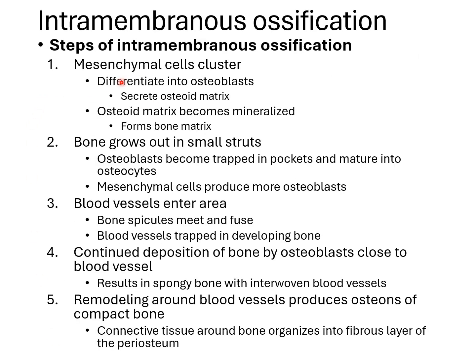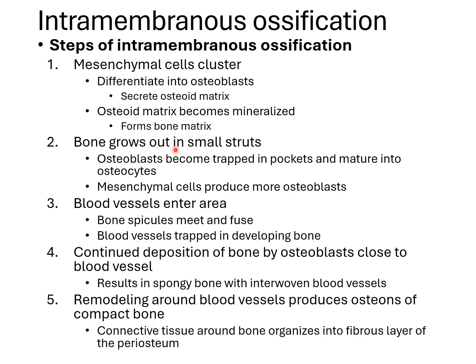First, the mesenchymal cells are going to start to cluster. They're almost going to start to form a layer. When they're starting to cluster, they're going to start to differentiate into osteoblasts. And if you remember the difference between an osteoblast and all the other ones, osteoblasts start to secrete a hardened matrix, and then that matrix becomes mineralized, and then we'll start to form the bone matrix.